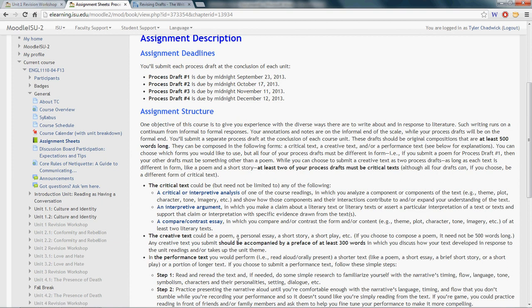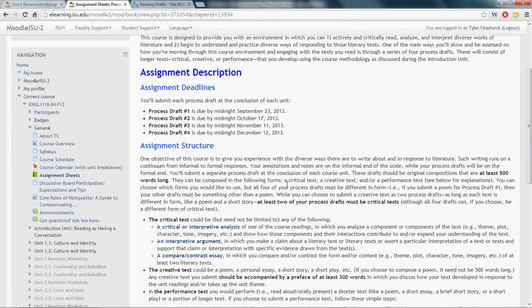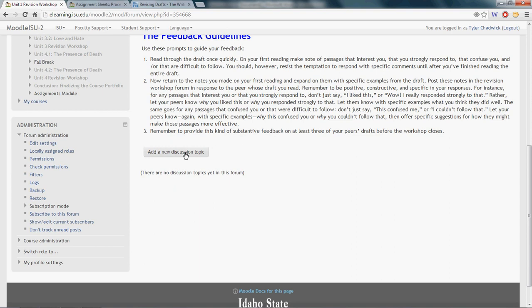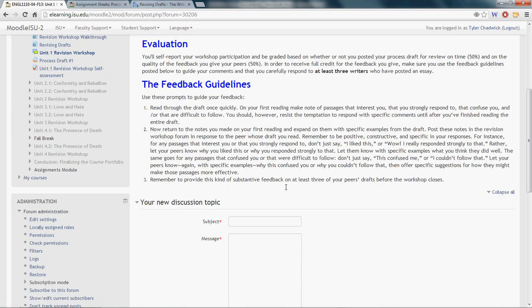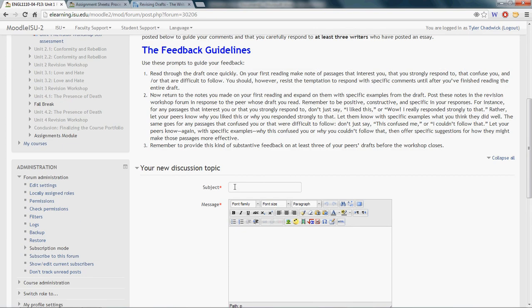Remember that, and review these assignment guidelines as you work through these texts, as you build your process draft, which needs to be posted here. If you just click on this add a new discussion topic, you can either attach it or, I'd actually prefer that you attach it. You can add it here, attach your file, and then share that with your peers.